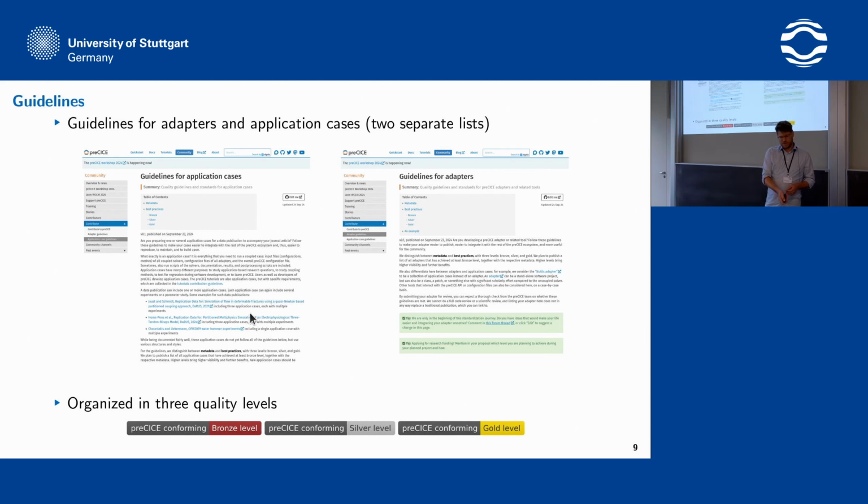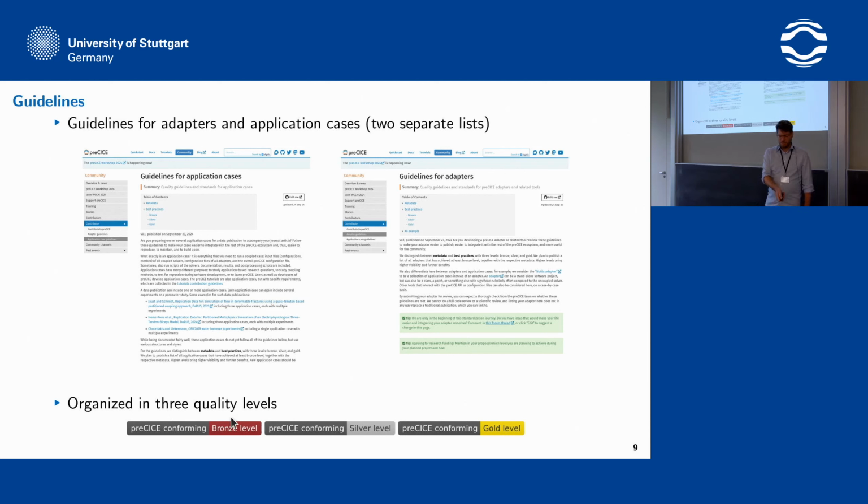And you saw that they're organized in quality levels. So you want to have a low entry barrier, so that maybe your application case, you try to refactor a little bit, and then you get to something that we call bronze level.